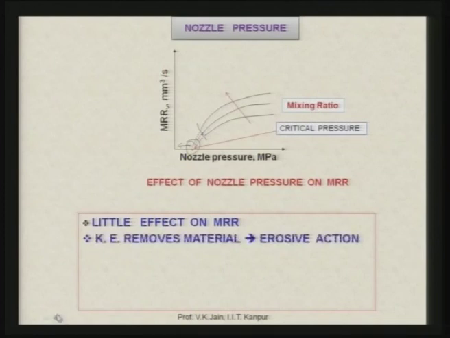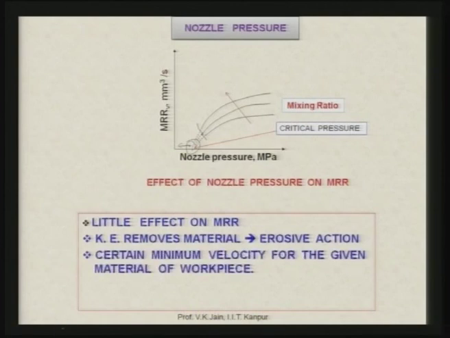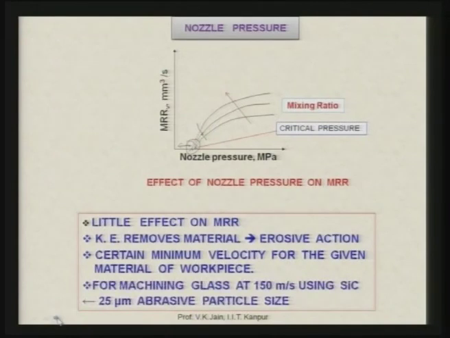Kinetic energy removes the material, and this is responsible for the erosive action that we have already discussed. A certain minimum velocity for the given workpiece material is needed, as I have already explained; that is the critical pressure. For machining glass using silicon carbide abrasive particles of 25 micron size, the minimum velocity required is 150 meter per second.